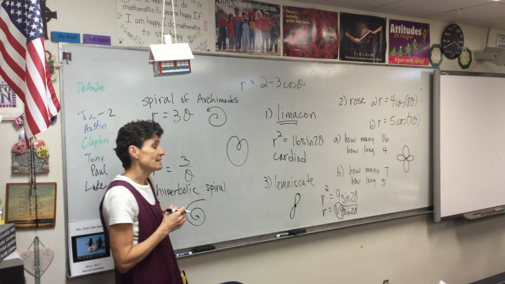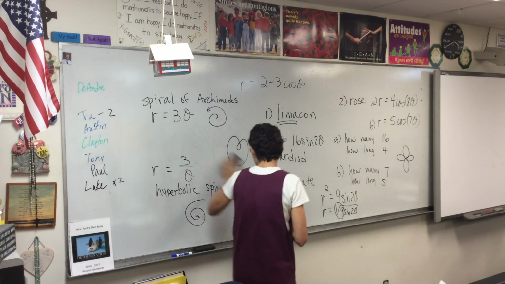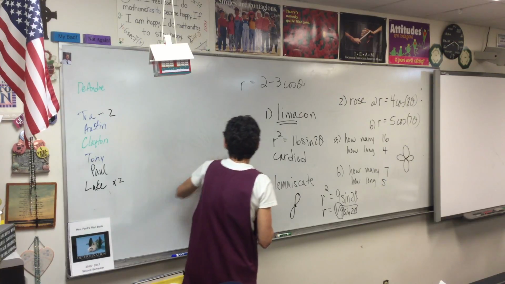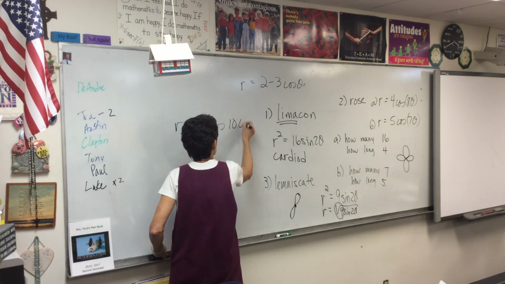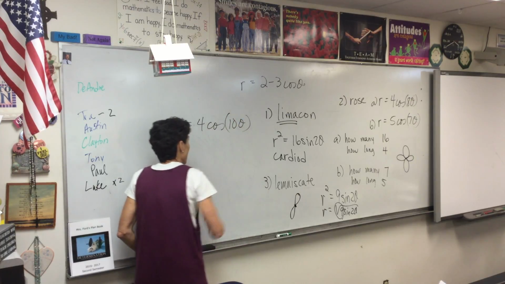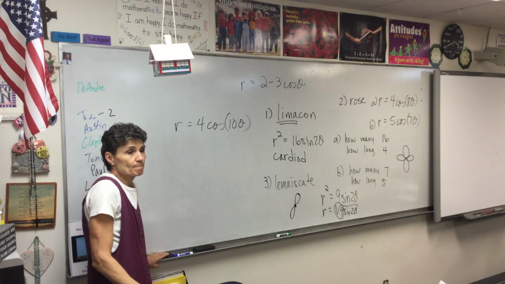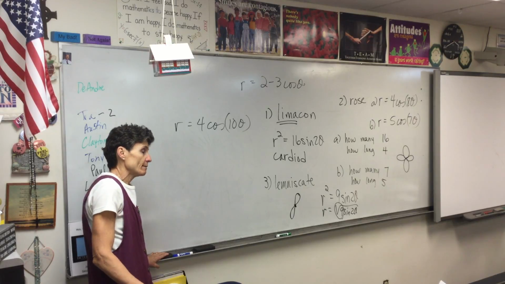All right, what if I said, how many leaves or petals does that have? That's a rose. 20.